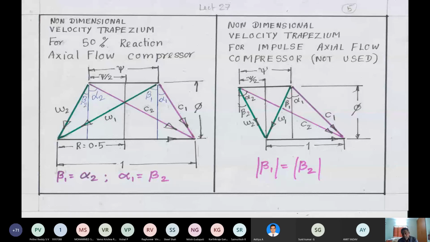So we can think of two methods. One is, for each stage the pressure ratio is constant. So if the pressure ratio in a single stage is some x, then for n stages it will be x power n.